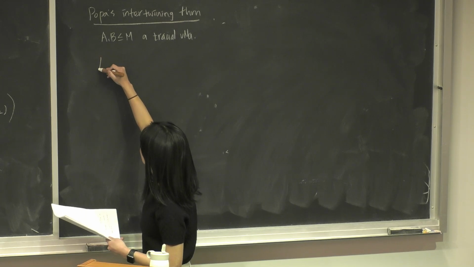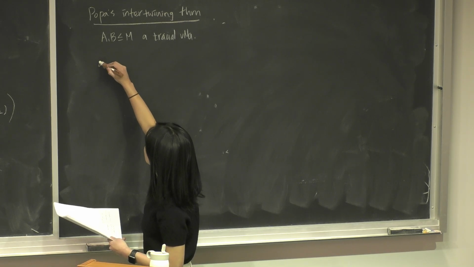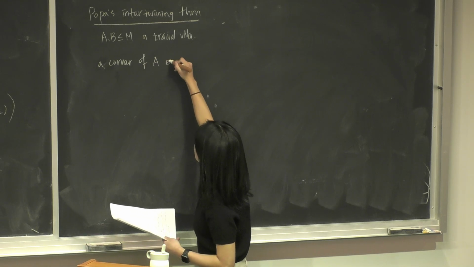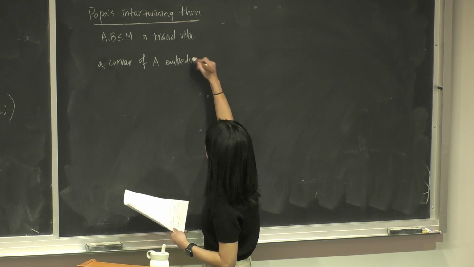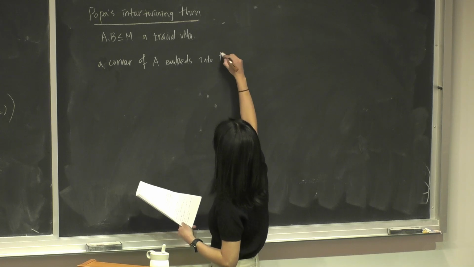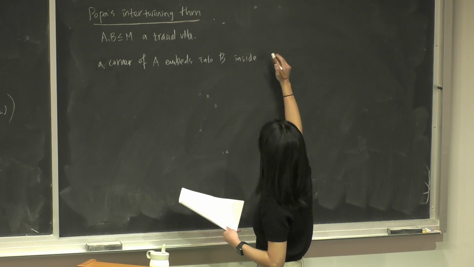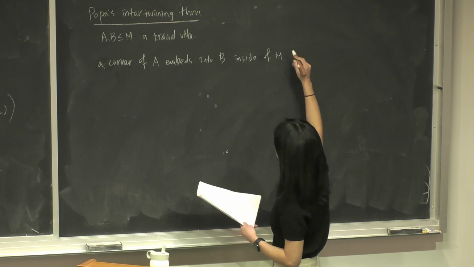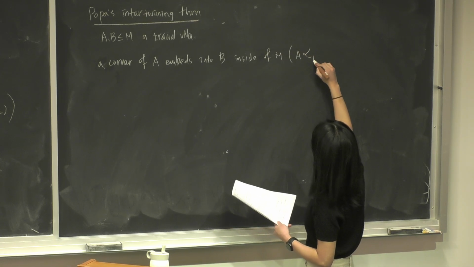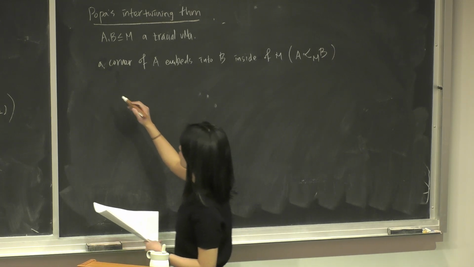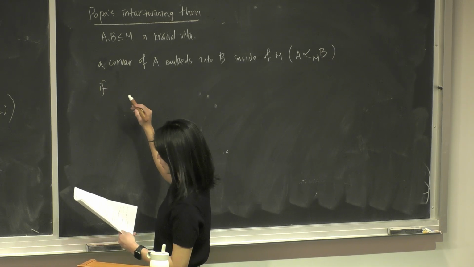We say a corner of A embeds into B inside of M, and denote it like this, if one of the following is satisfied.